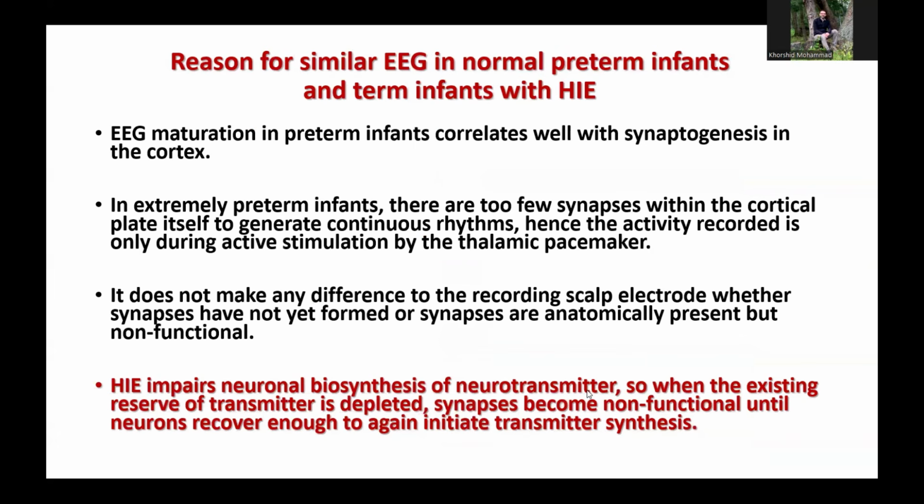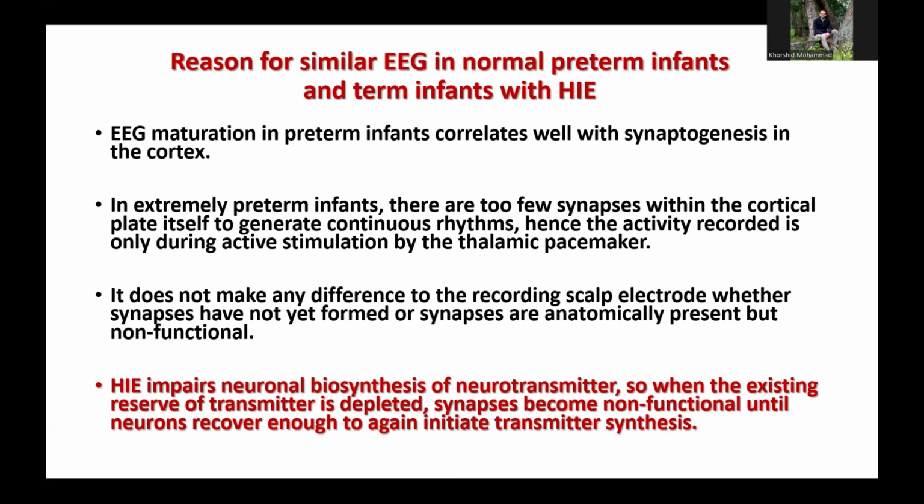So what's the reason for similar EEG in a normal preterm infant and a term neonate with hypoxic ischemic encephalopathy? Well, the EEG maturation in preterm infants correlates very well with synaptogenesis in the cortex in terms of time. In very preterm infants, there are too few synapses within the cortex to generate continuous rhythms.